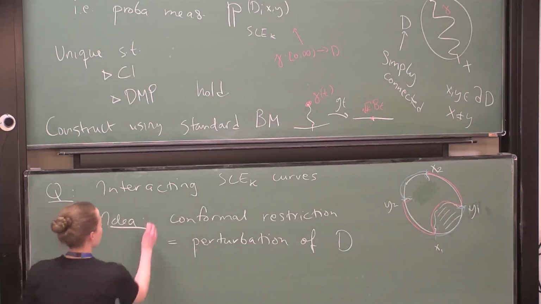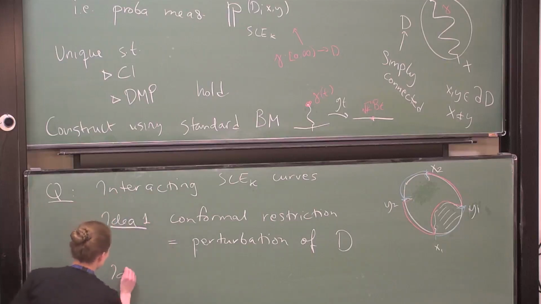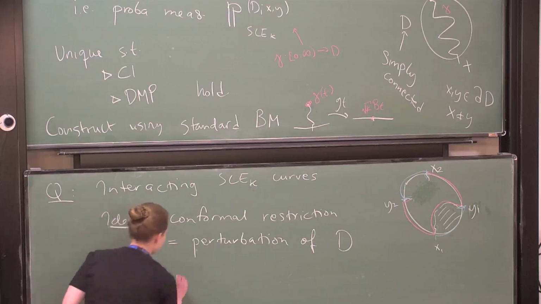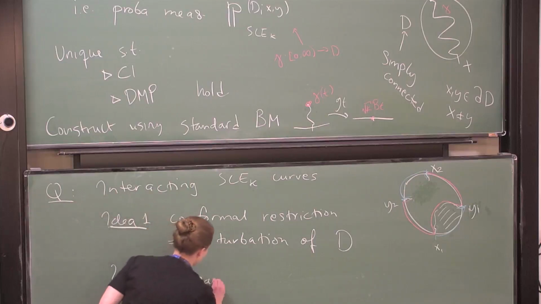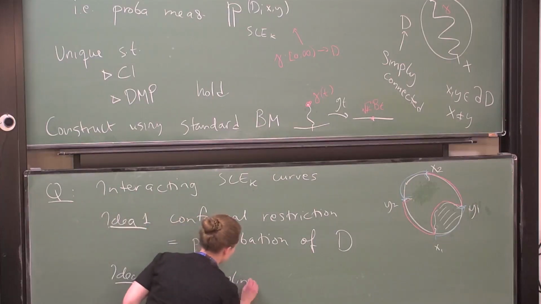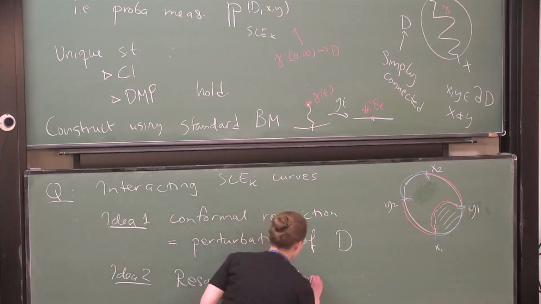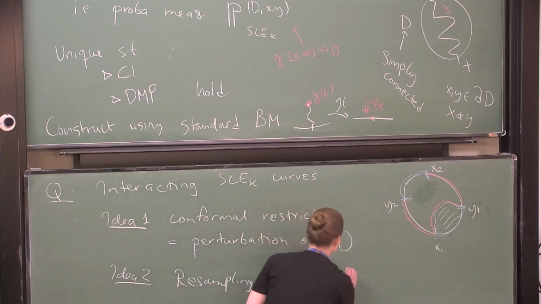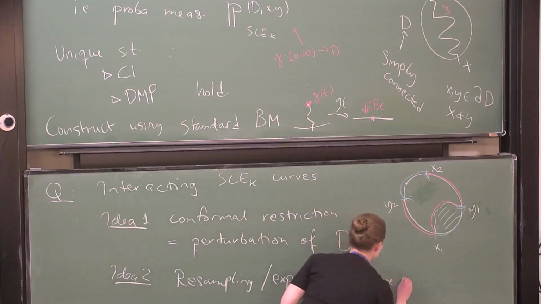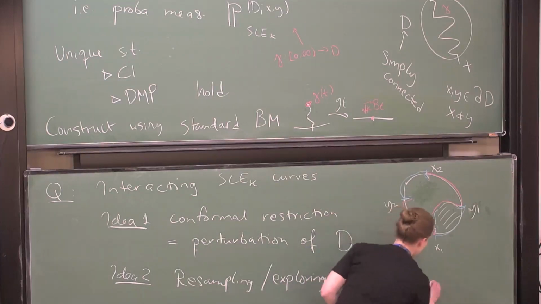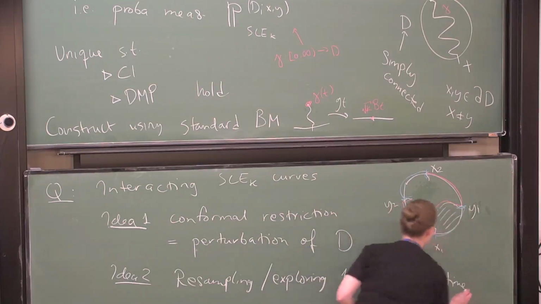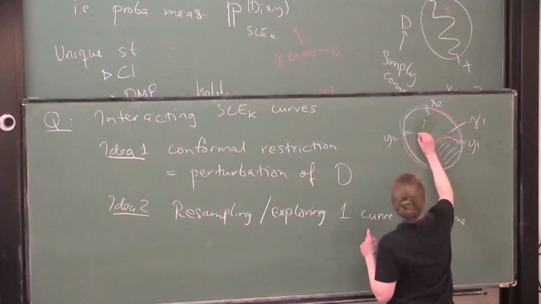So this is some kind of resampling type property. So maybe another idea, idea 1 is this. Idea 2 is resampling, or exploring like one curve at a time. So if I call them gamma 1, gamma 2, so now this is gamma 2.